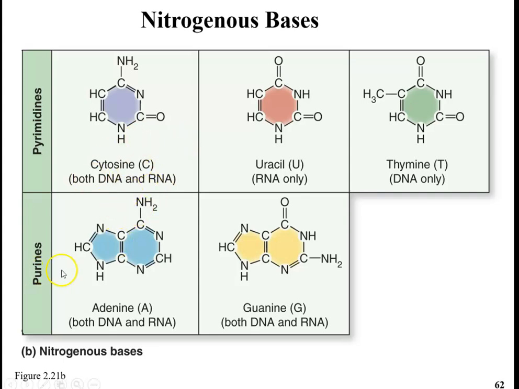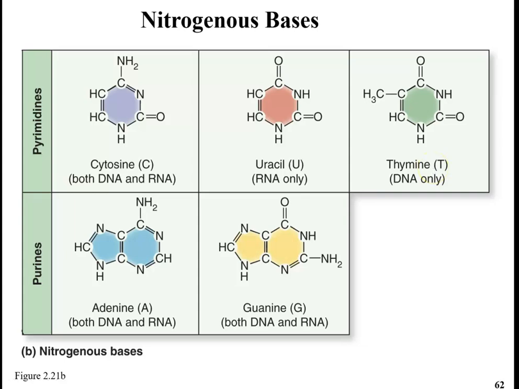Down here are the double ring structures, the purines, and there's only 2 of those: adenine, both in DNA and RNA, and guanine, both in DNA and RNA. And see how we notate these with these symbols here. We'll talk a little bit more about how DNA bonds, and these symbols will come in handy for reading the diagrams.